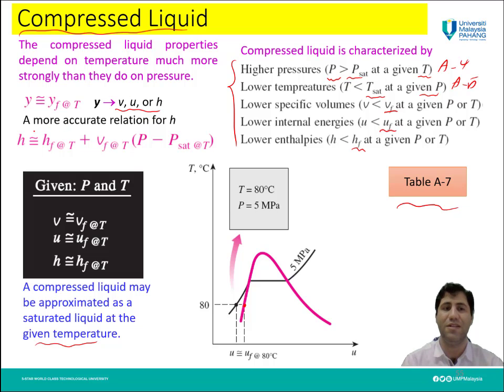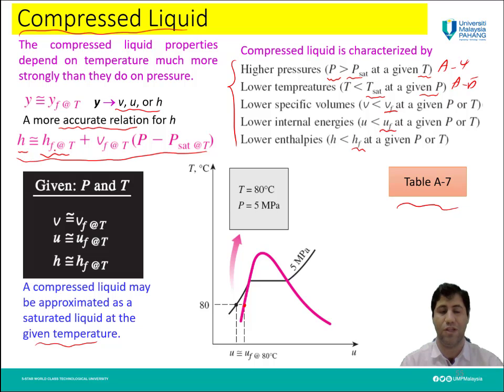And also we have another relation which is more accurate to find H. H in this compressed liquid region is equal to the enthalpy for saturated liquid at that temperature plus the specific volume for saturated liquid at that temperature times the pressure which we have minus the saturation pressure at the given temperature.